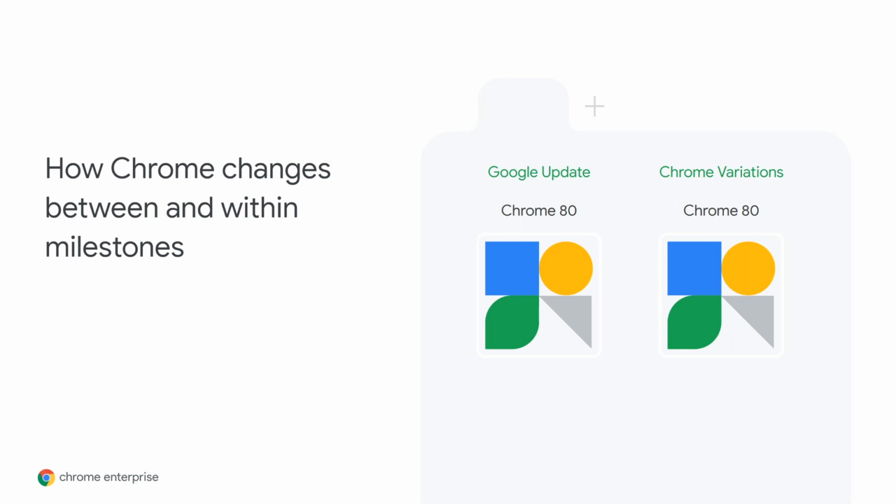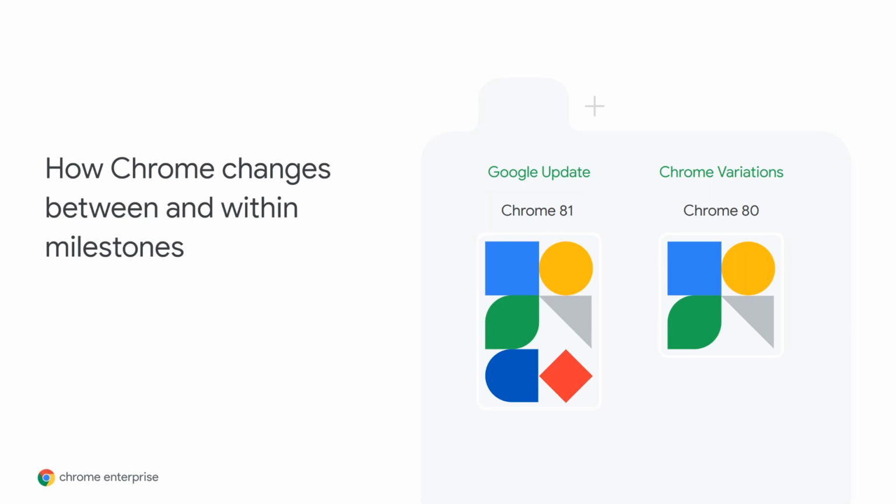Google Update replaces one version of Chrome, for example, Chrome 80, with a new version. In this example, Chrome 81. If you think of each of these shapes as a feature, you can see that new features are added with the new version. Chrome Variations lets us enable and disable specific features within the same version of Chrome.